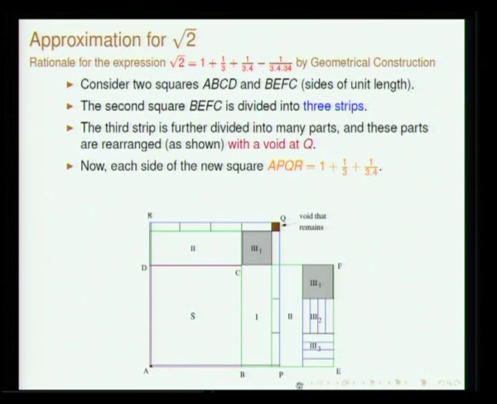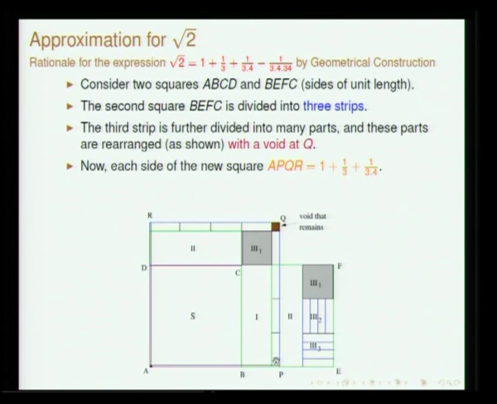this square APQR, and there is a certain void at this point. So, if you say that the side of the square is going to be 1 plus 1/3 plus 1/3 into 4, there is a certain void which has to be subtracted, and how this value corresponds to the void, I will show in the next slide.